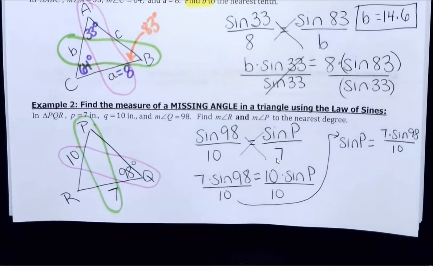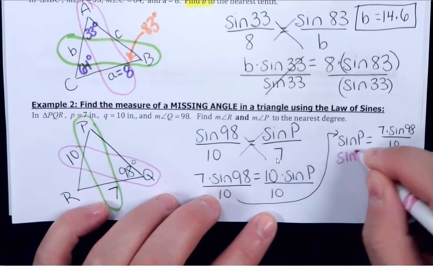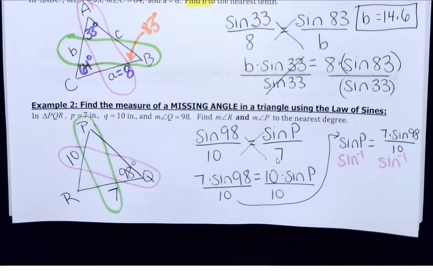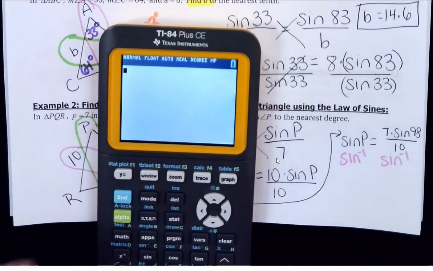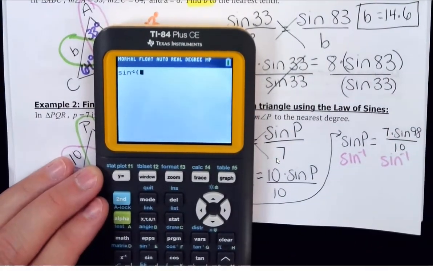But ultimately, we're going to end up needing to take the inverse sine of both sides because we need to find an angle measure. Okay, so I can go ahead and do that right from the jump. I can just hit second sine and type this whole thing in, 7 times the sine of 98. Make sure you close the parentheses around that, divided by 10.